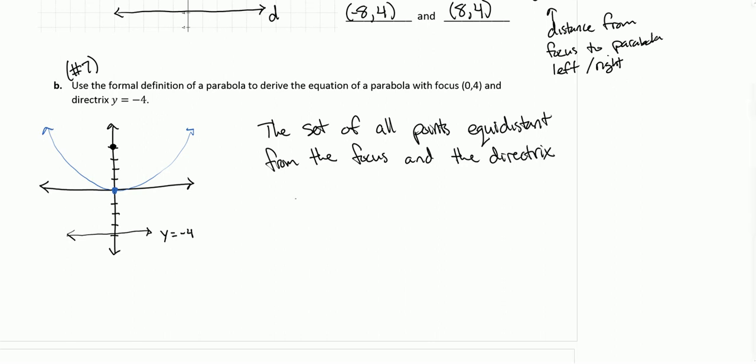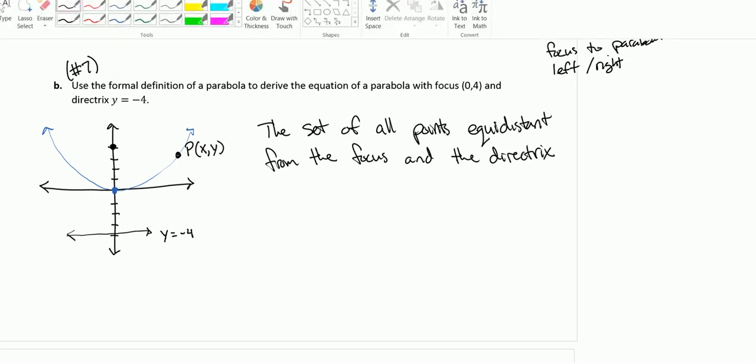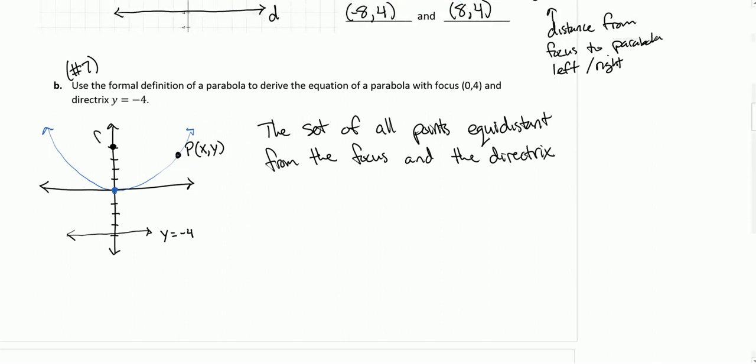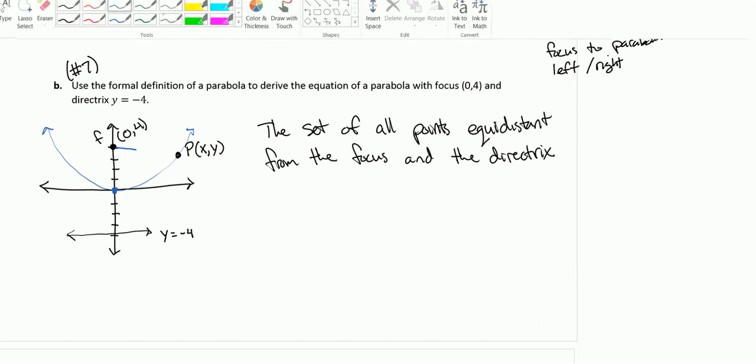So we'll pick a generic point on our parabola, point P, which is some generic x and y. And here's our focus, which is at (0, 4). Let me use a different color.